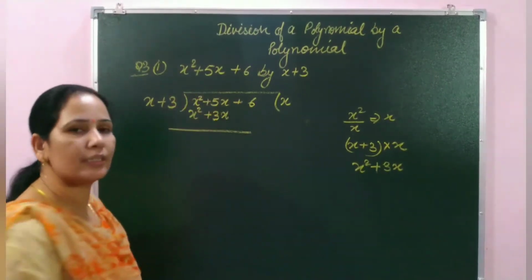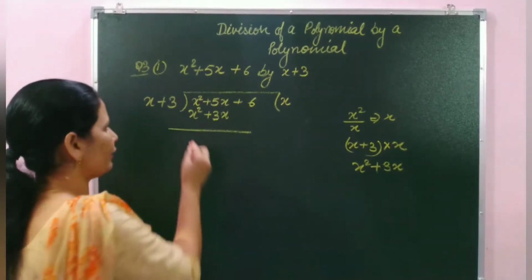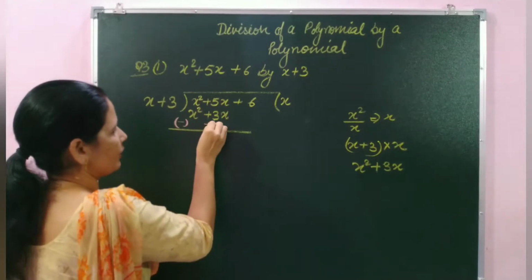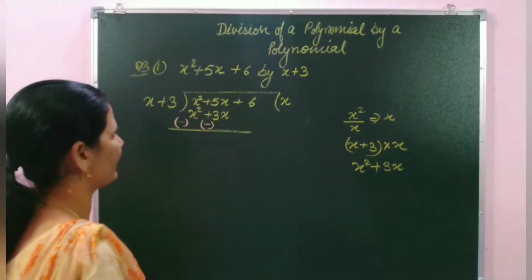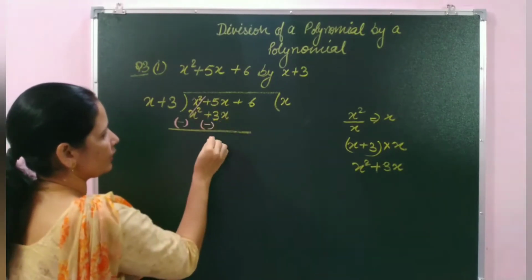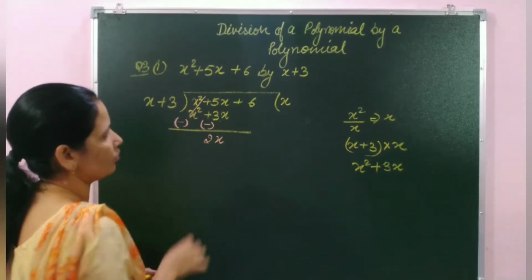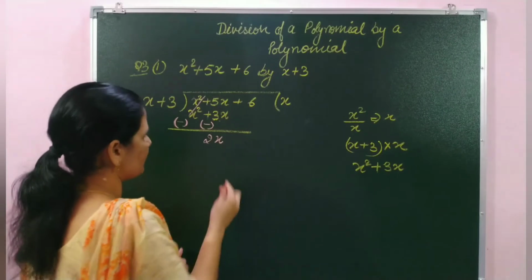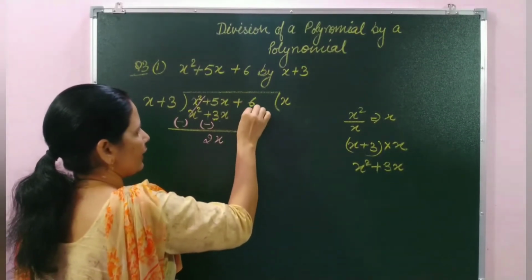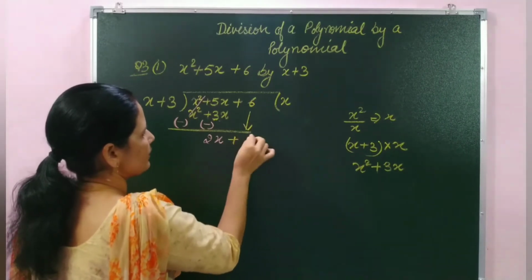To subtract this algebraic expression, we change the sign. Here positive converts to negative, here also positive converts to negative. x square cancels x square. 5 minus 3, we get 2x. Then we bring down the next term, plus 6.